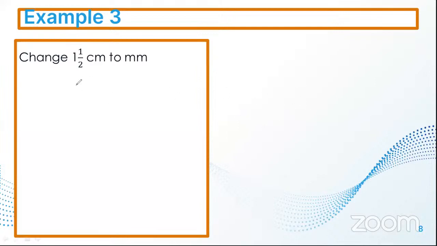Okay, let me try to explain this. If they set you this question, you come back and have your conversion rate. Still, our conversion rate is from centimeters to millimeters. You have centimeter here, after centimeter you have millimeters. King Henry, daughters Mary, drank cold milk.